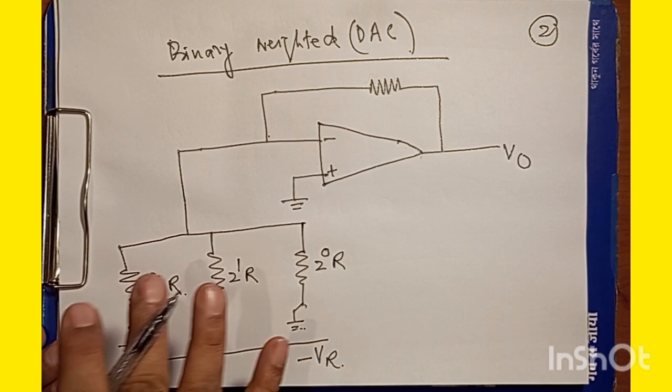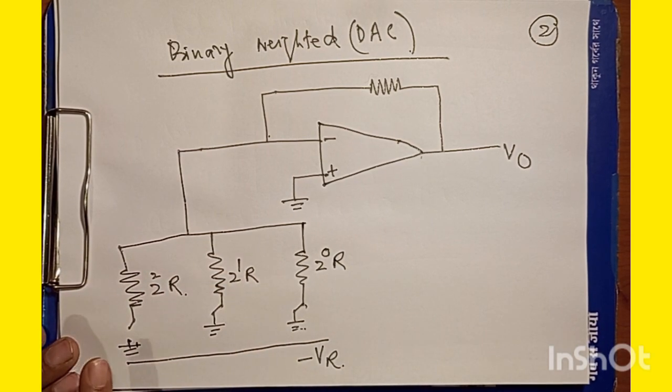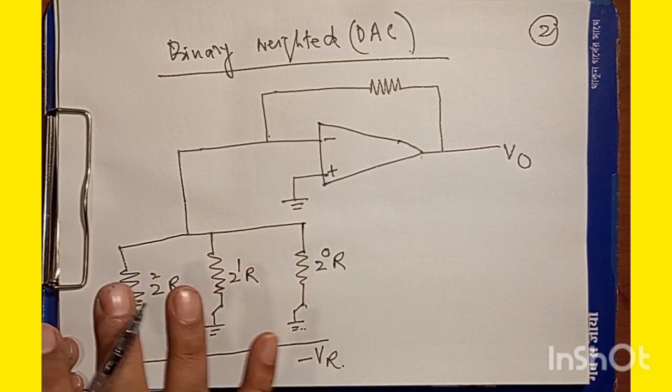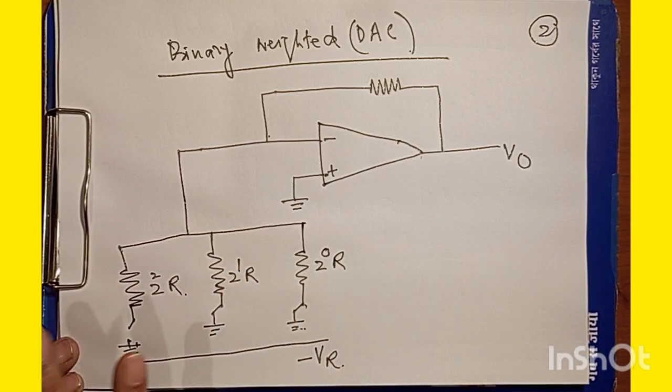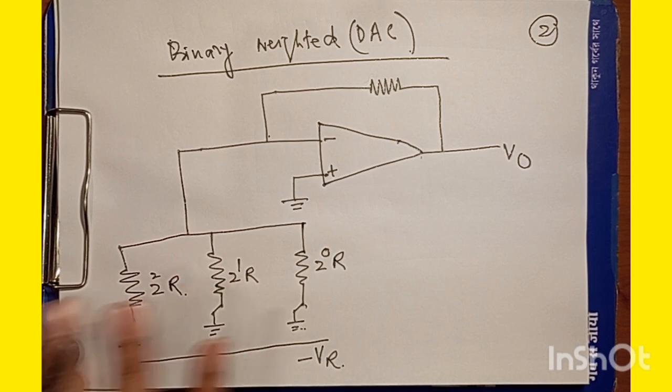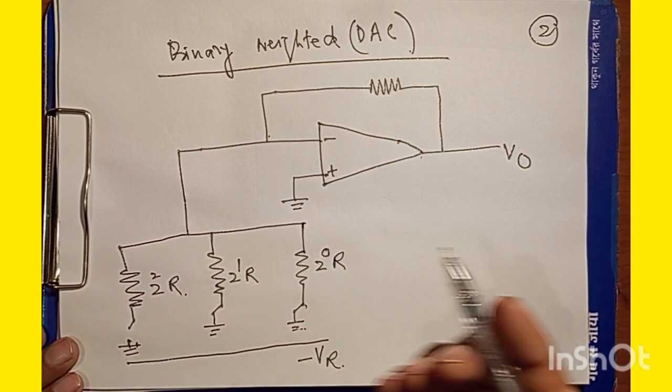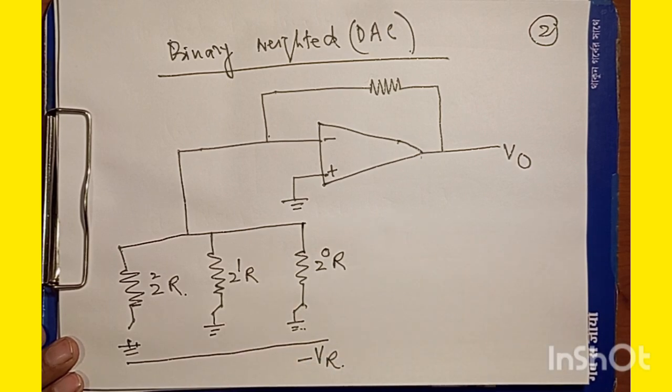We have a DAC, and this DAC should convert the 3-bit binary signals into a single analog output. And obviously you can think in terms of the virtual ground and virtual short. We have discussed these things many times in the past. So let's analyze this circuit and see what the outcomes are.